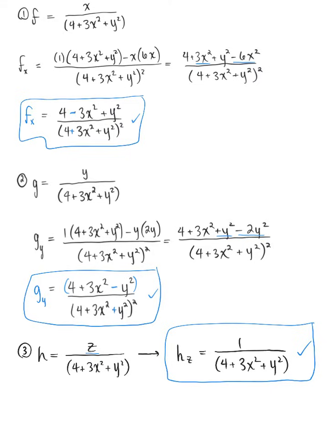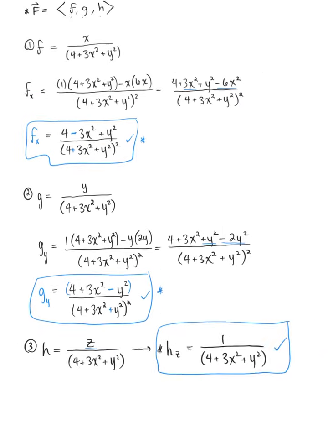And before we do that, since we're taking the sum, notice that the partial derivative of f with respect to x and the partial derivative of g with respect to y have the same denominator. So we are going to want to convert the h component, the partial derivative of h with respect to z, so that it too has that same denominator.